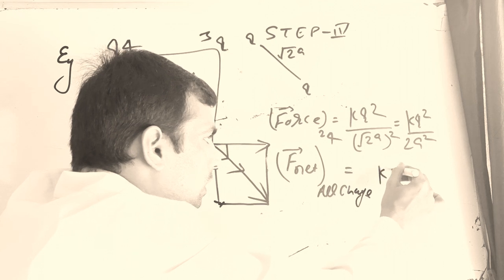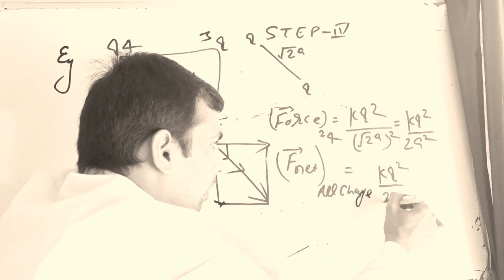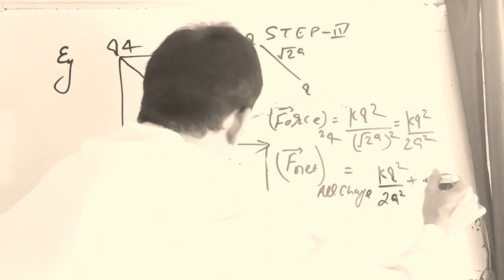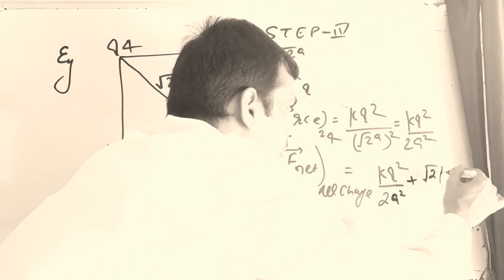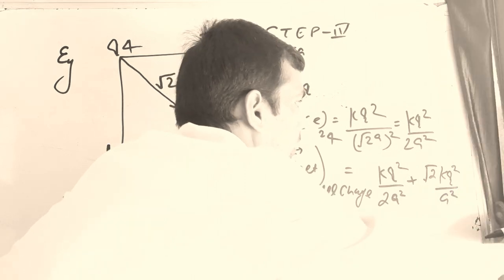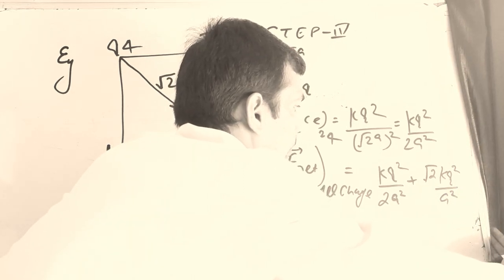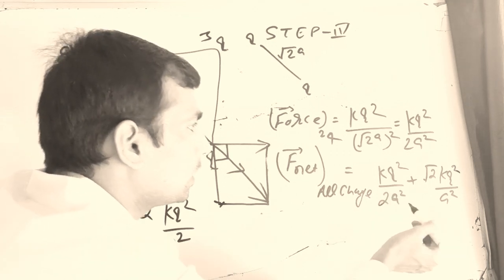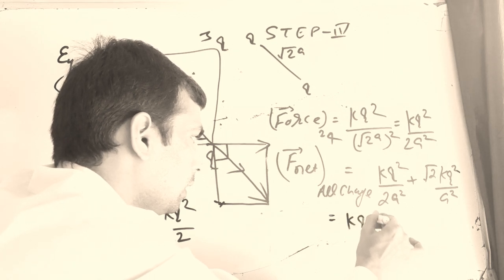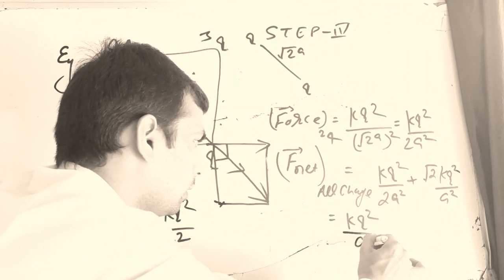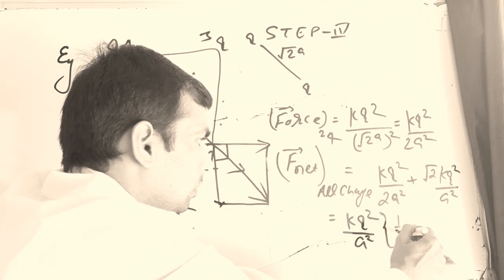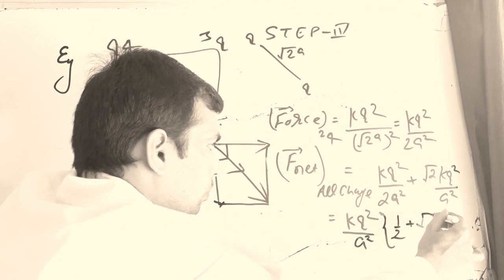Just kq² upon 2a² plus root 2 kq² upon a². You can see root 2 kq² upon a². So you can take common kq² upon a², and this is your answer: 1 by 2 plus root 2.